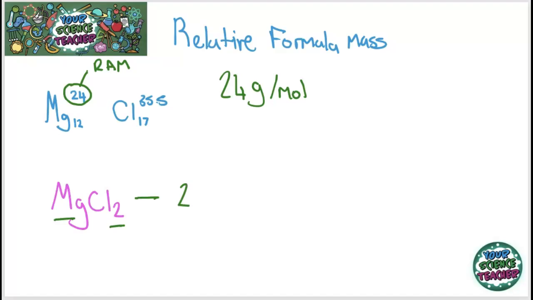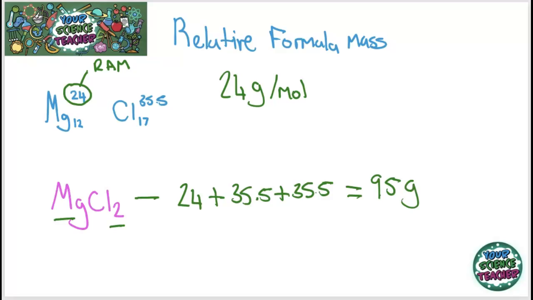So I'm going to do 24 plus 35.5 plus 35.5 again, and this will give me the relative formula mass of magnesium chloride. And this gives me an answer of 95. So this means I would need 95 grams of magnesium chloride to have 1 mole of it.